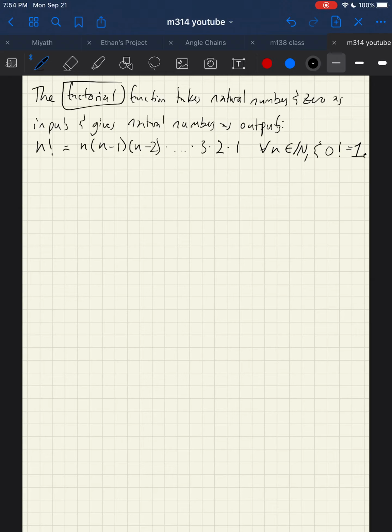Another argument is that the factorial function lines up with another function called the gamma function. With the way that you would get information about factorials from the gamma function, we would expect that 0 factorial is 1. You can Google the gamma function if you'd like. That's kind of fun, but we won't be going into that in this class.